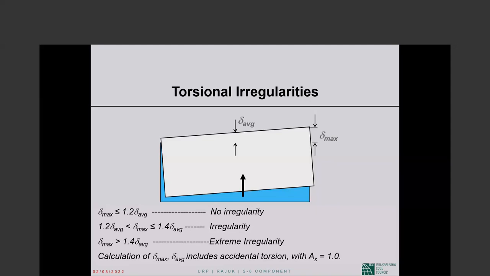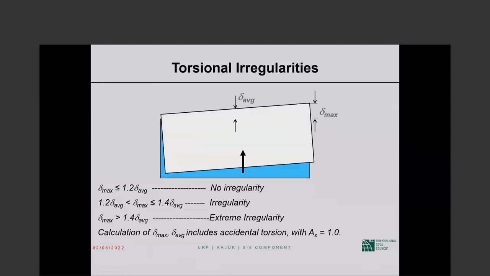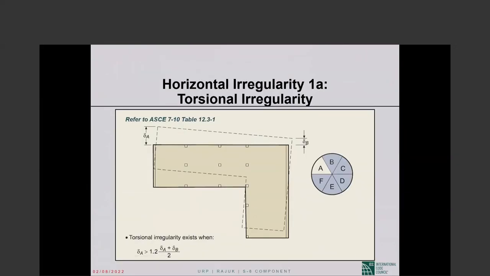So we have defined torsional irregularity 1A and extreme torsional irregularity 1B with this one picture. Up to 1.2, no irregularity. Between 1.2 and 1.4, we have type 1A. Above 1.4, we have type 1B. Same thing for an L-shaped building, the same idea. Delta A is now the maximum, and the average is delta A plus delta B divided by 2.